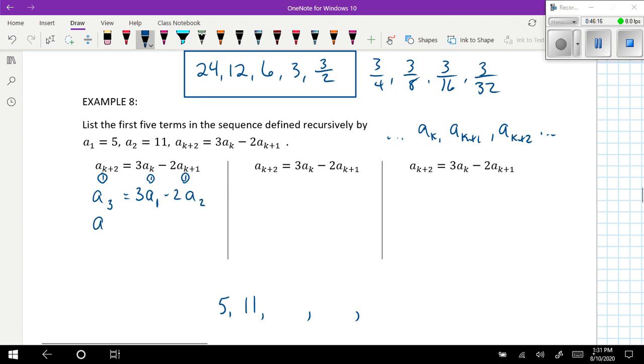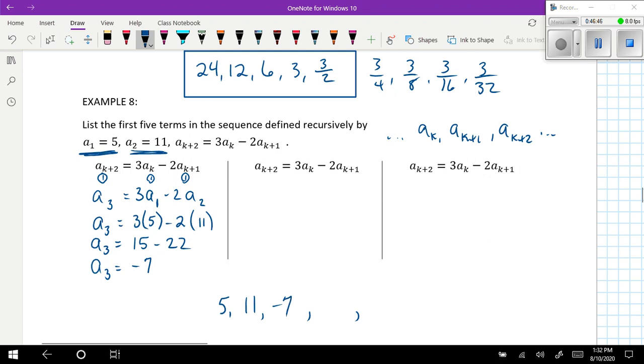So a sub 3 is equal to 3 times 5, because 5 was my a sub 1, minus 2 times 11, because my a sub 2 is 11. All right, let's do this simplification. This gives me 15 minus 22. What's 15 minus 22? I'm hoping everybody has negative 7 in their mind as my a sub 3.